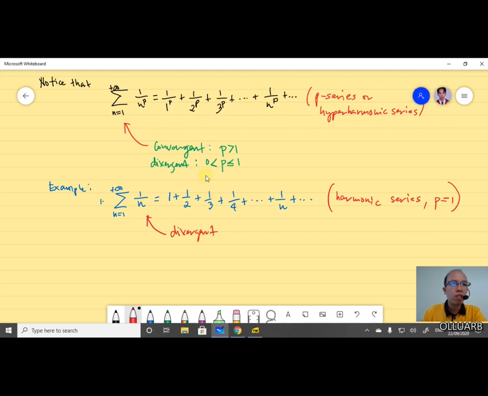Why? Because our p is equal to 1, which falls in the divergent range. So the harmonic series is divergent.